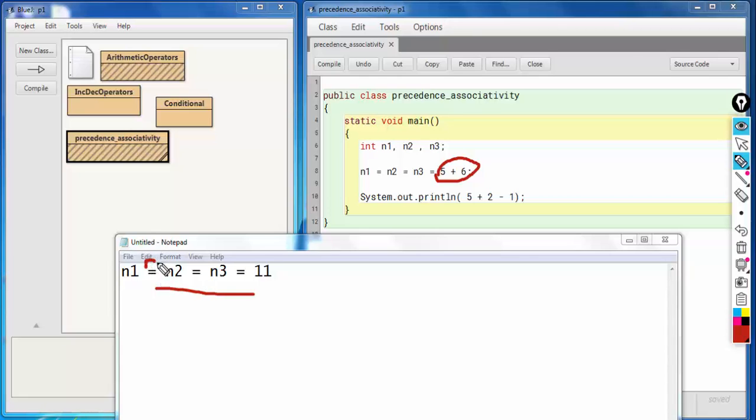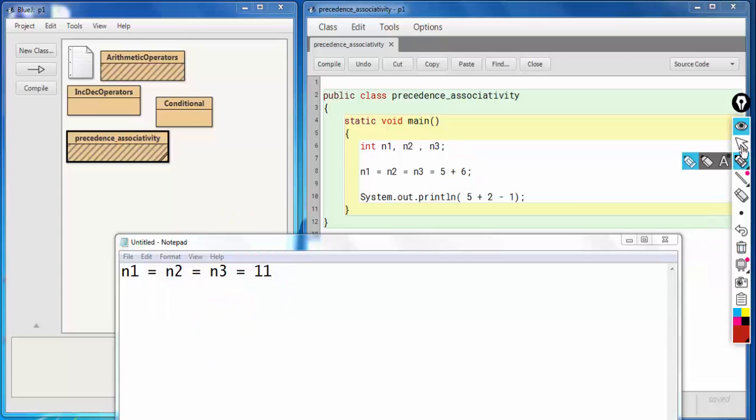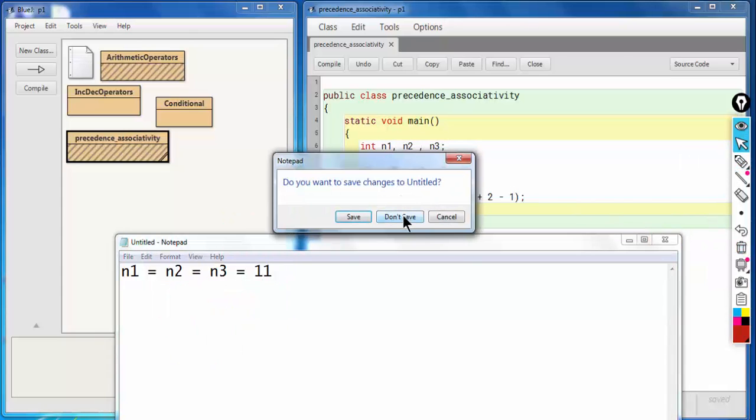Now you know that the three operators are the same, so first this one will execute. 11 will be assigned to n3. When 11 is assigned, the whole expression becomes 11. Now this 11 will be assigned to n2, and similarly n1 will also get the value of 11. So finally n1, n2 and n3 will all have 11 as their value. Let's check if I'm correct.